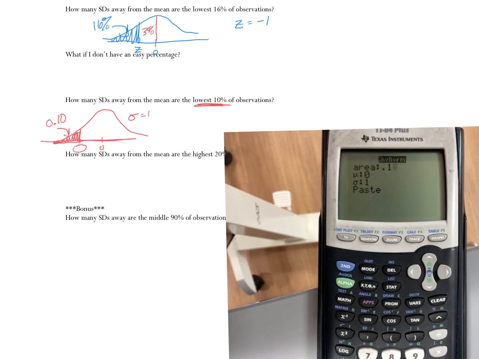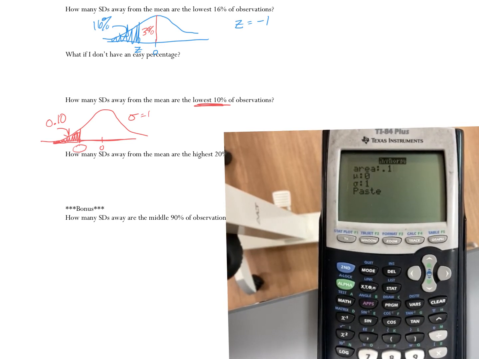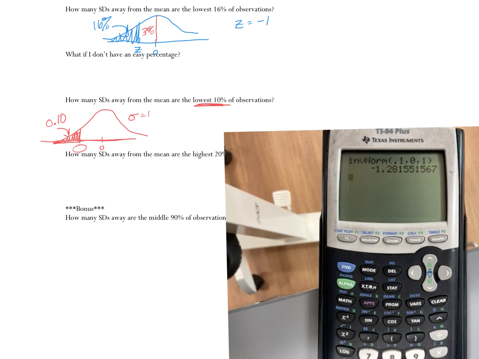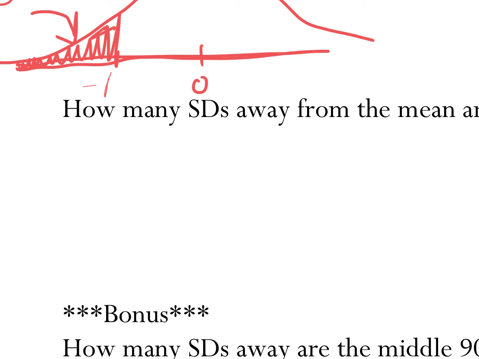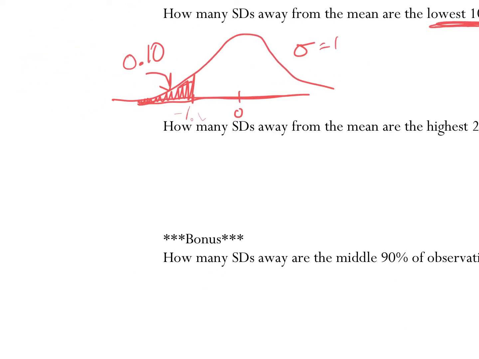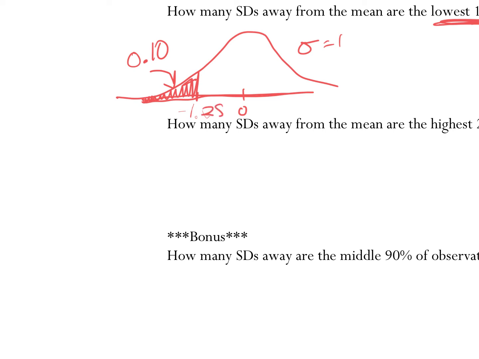So 10% is 0.1. That's what you have to tell it. And go all the way down, and I get negative 1.28. Does it make sense to you guys for this number right here to be negative 1.28? Does that feel right? Yeah. Yes.